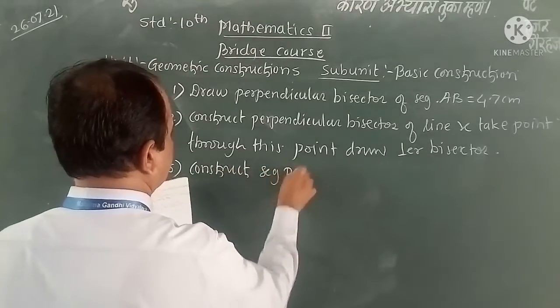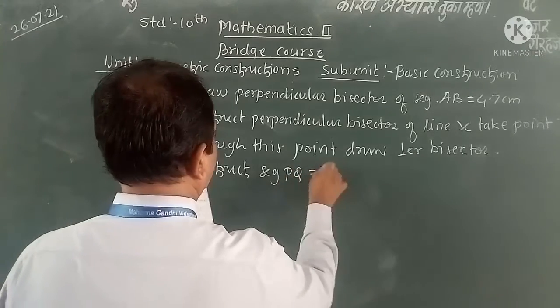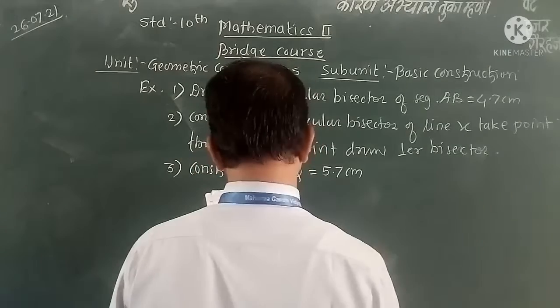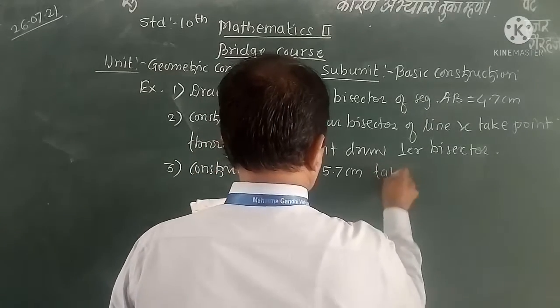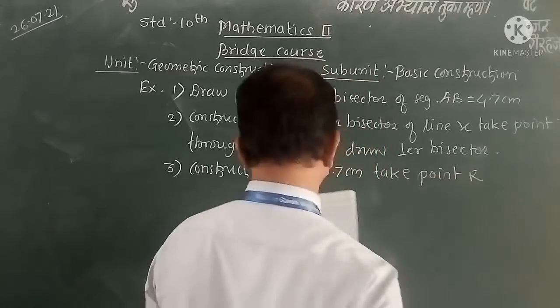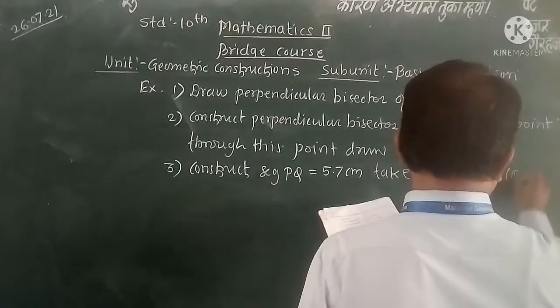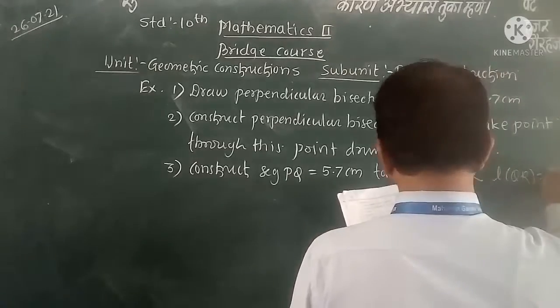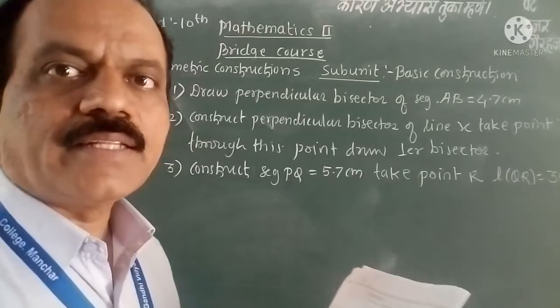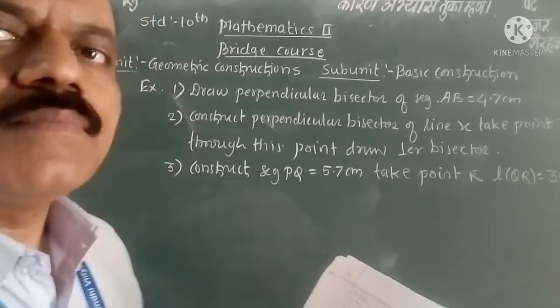Construct segment PQ, 5.7 centimeter. Take point R. Length of QR is equal to 3 centimeter. The given distance is 3 centimeter.